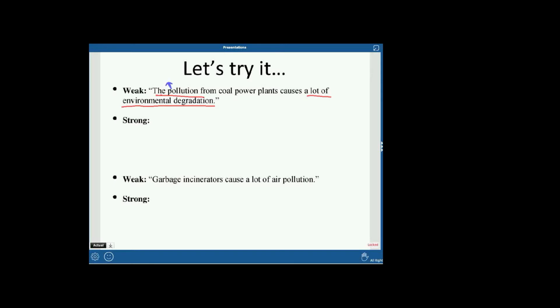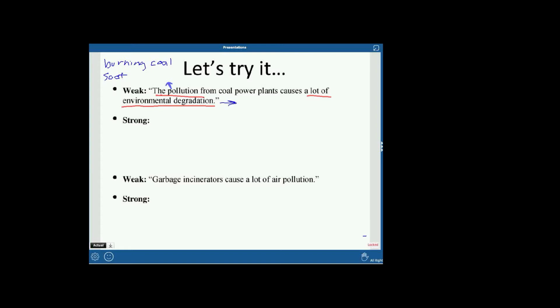So when we discuss pollution, you could talk about burning fossil fuels, the burning of the coal, or you could talk about the soot that's released, those kind of things. And then the environmental degradation, right?